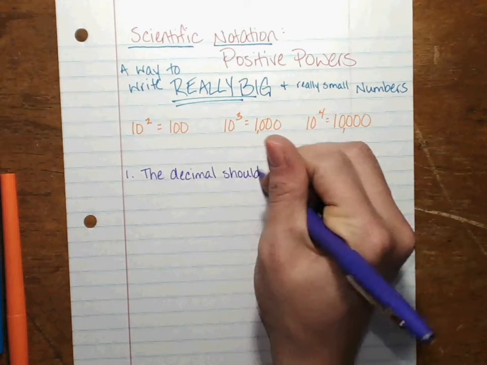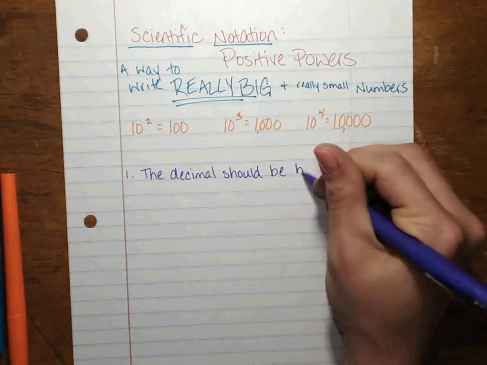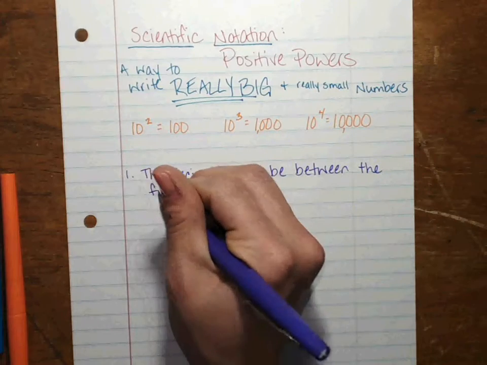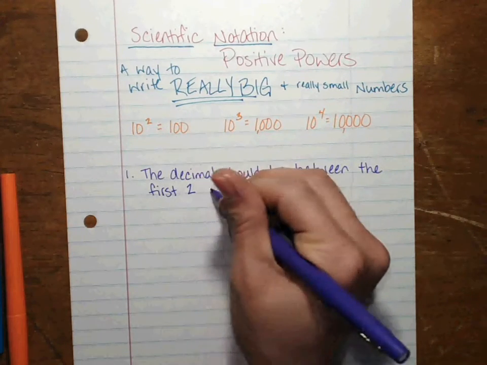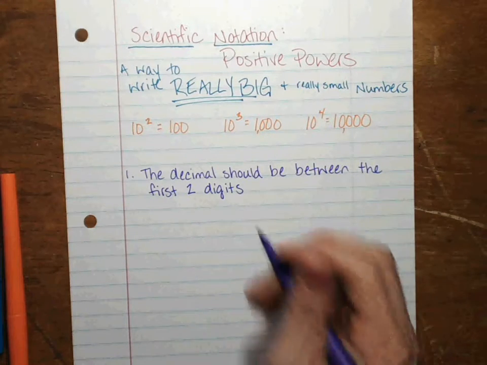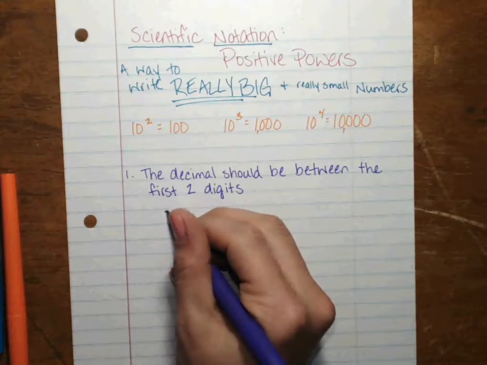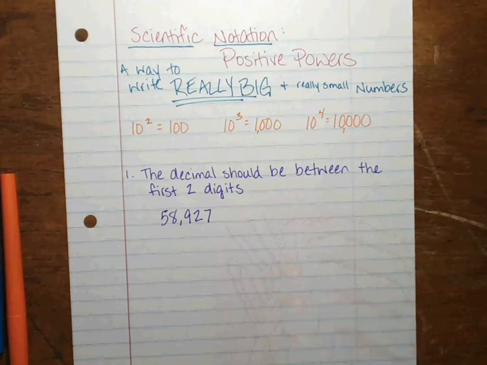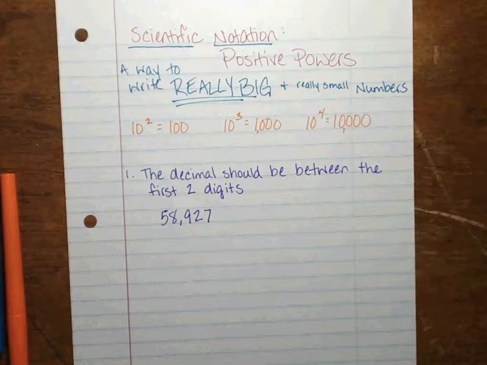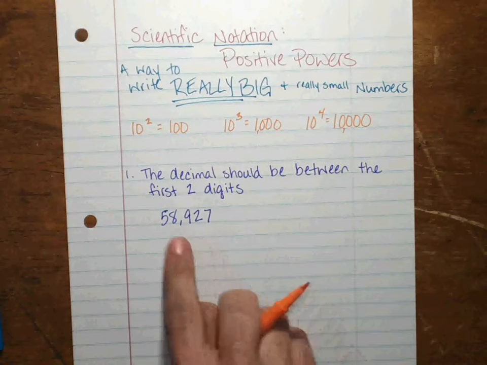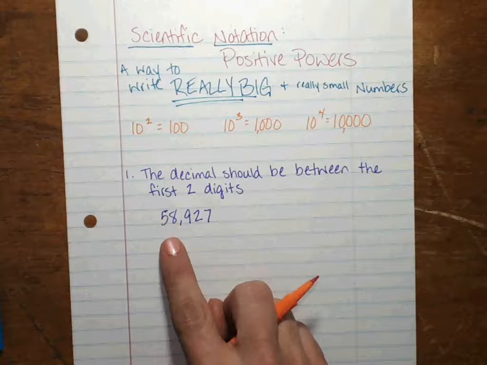If I had the number 58,927, what are the first 2 numbers? 5 and 8.